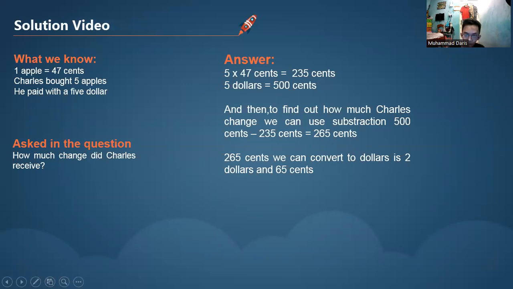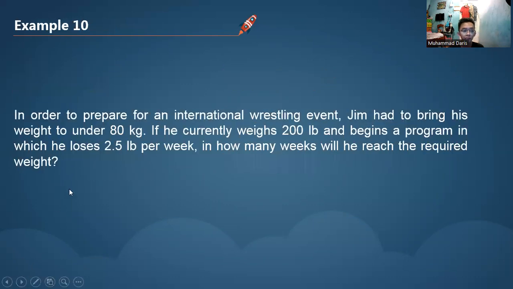Okay. And then to find out how much change Charles gets, we can use subtraction. 500 minus 235 is equal to 265 cents. And then we can convert 265 cents to dollars, which is $2.65.